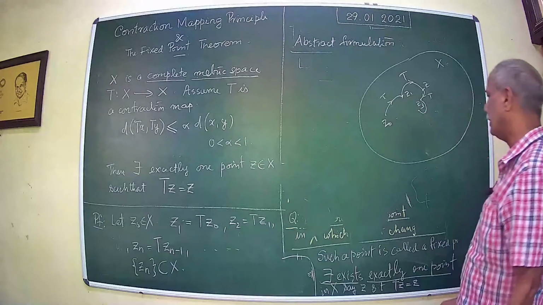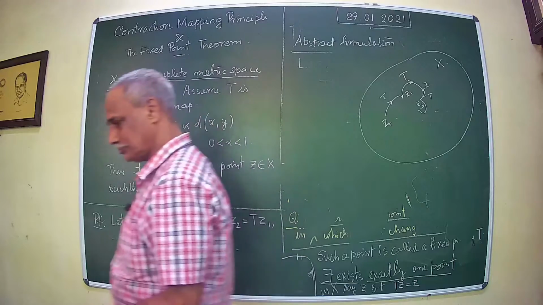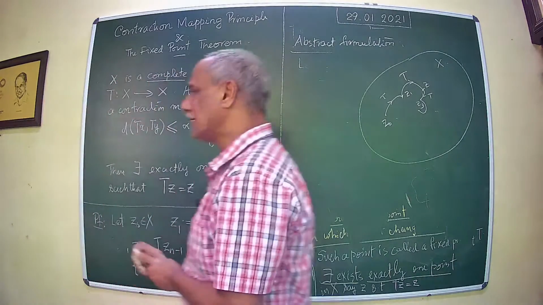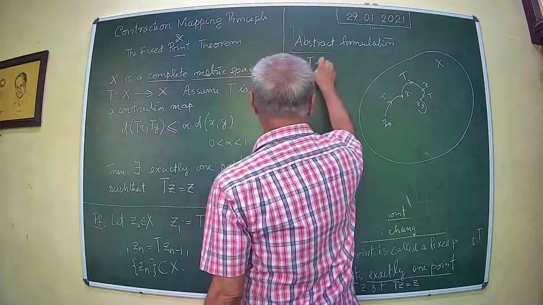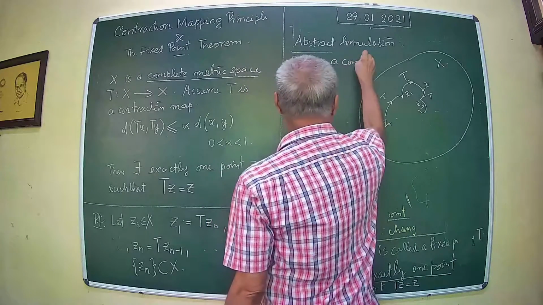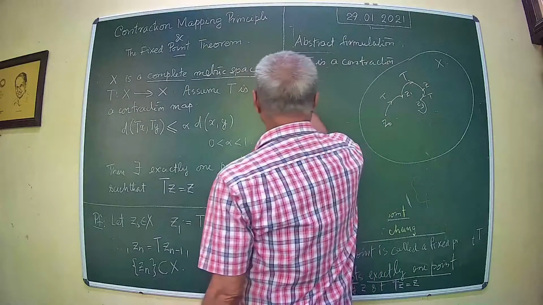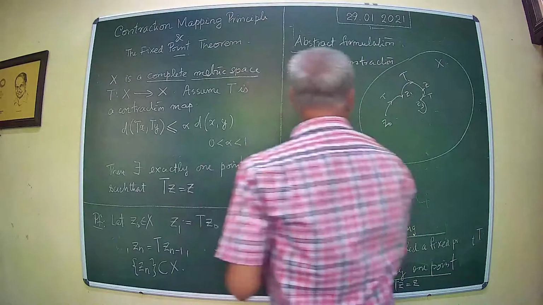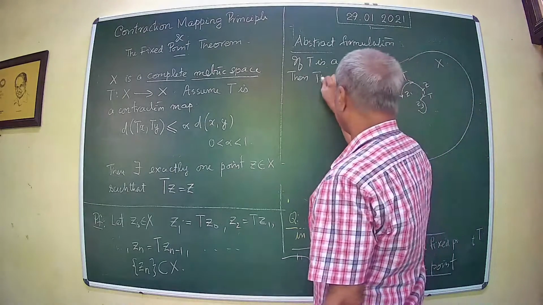So what you get is a sequence of points in X. Now what you assert is that if T is a contraction, then T has a fixed point.